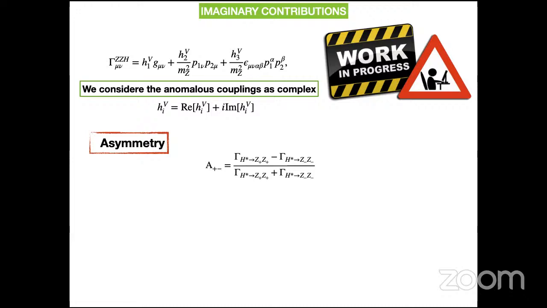Time for the last question. When you mention these anomalous couplings that are complex, if you use the representation as a magnitude and a phase for the complex number, then you have another interpretation for the phase. Yeah, that's correct.